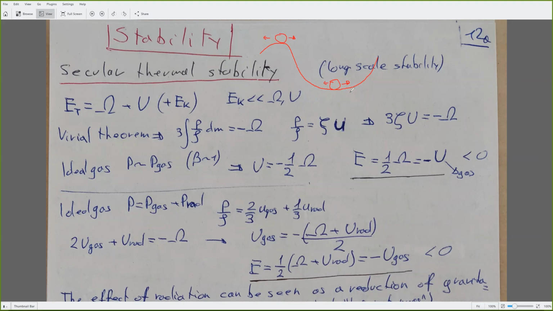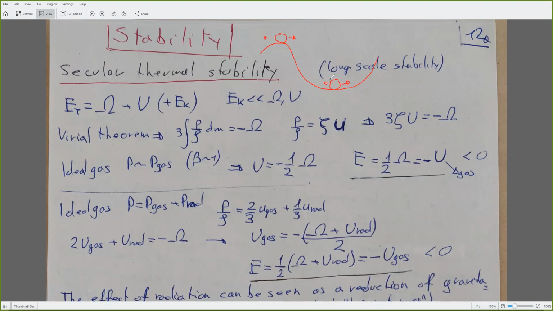But you can also have another kind of stability, where the ball starts to move and oscillates from one position to another without going too far, but always moving in this way.